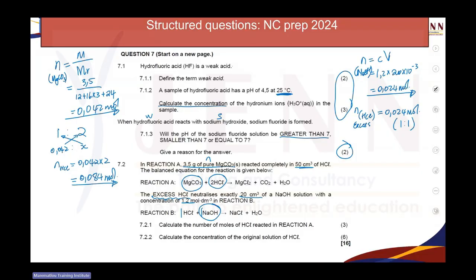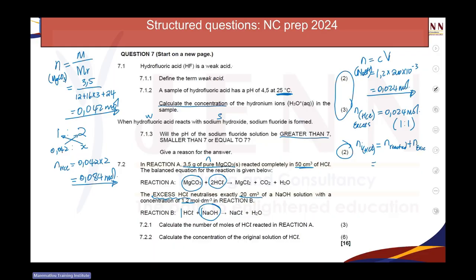Okay. Then to get the initial number of moles of HCl, the initial number of moles will be equal to the number of moles that reacted plus the number of moles that was in excess.